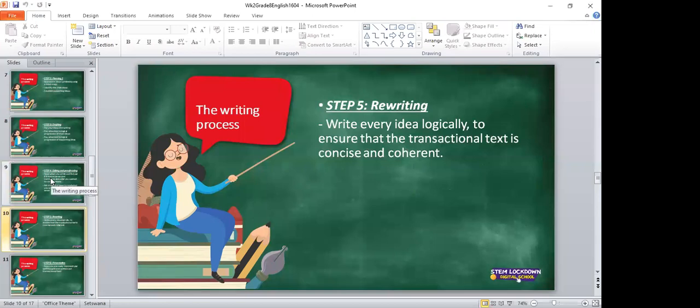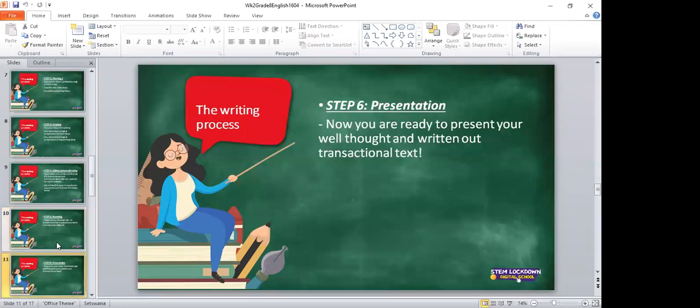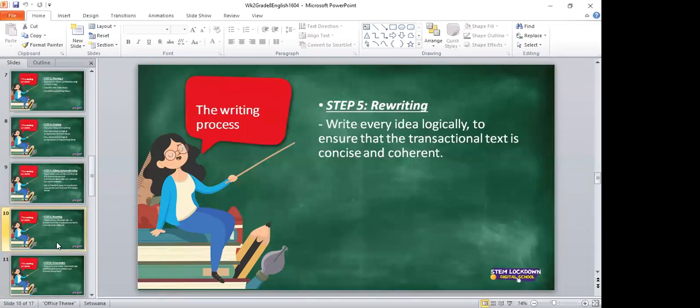And when you're done with that, you will have fixed every spelling error, every grammatical error, and you've been careful with your tenses, how you use your present tenses and your past tenses. So yes, in step 5, you are rewriting from your draft, after you've edited and proofread your text.